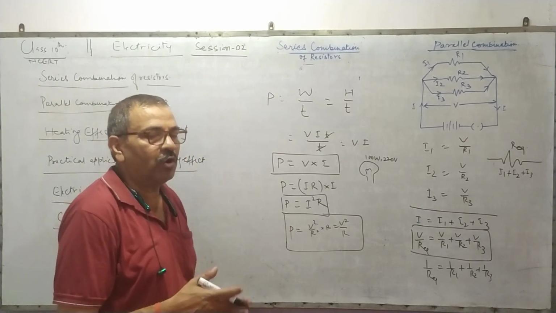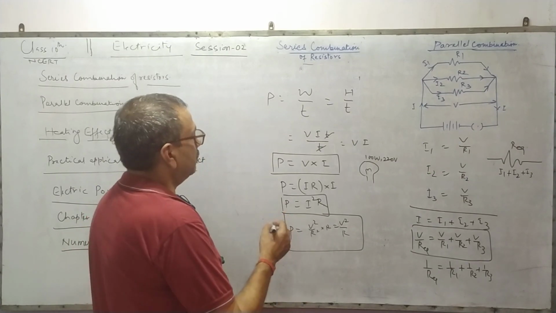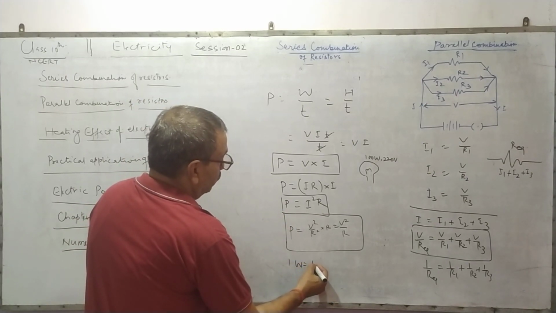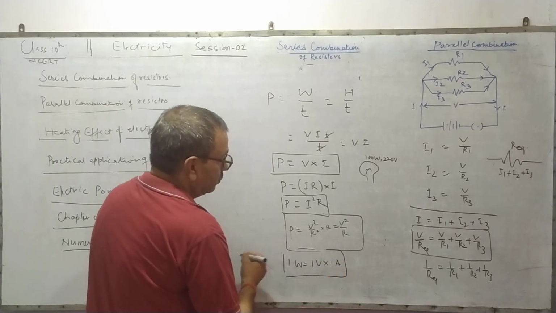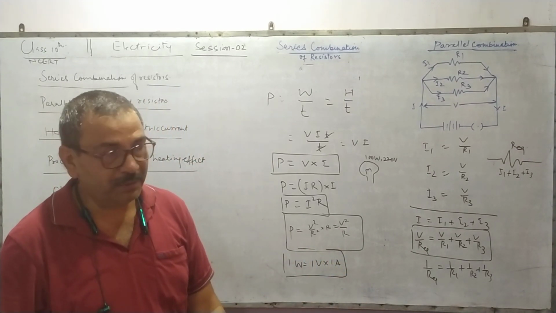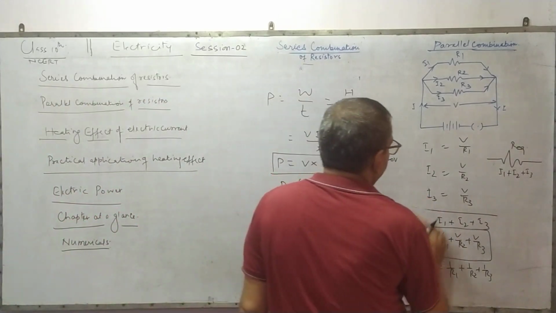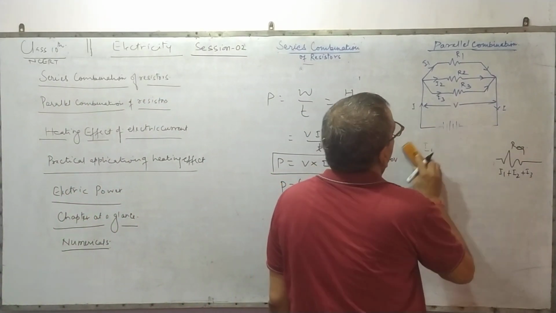What is 1 watt? 1 watt equals to 1 volt into 1 ampere.